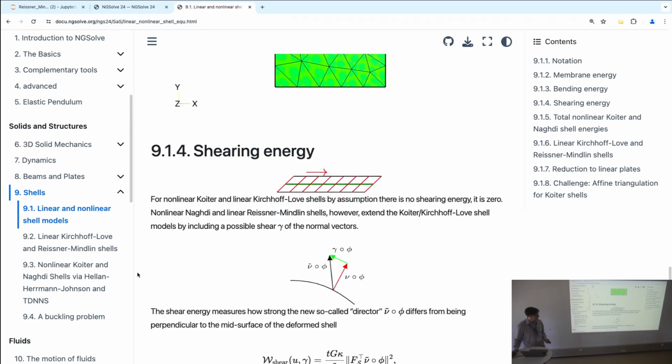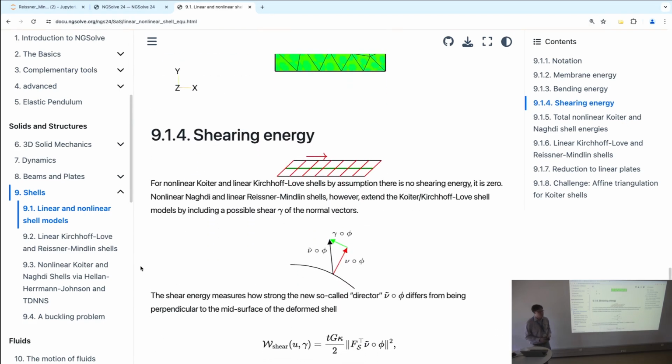And the last energy I mentioned is the shearing energy. So here we look if the normals still are perpendicular to the deformed surface. If not, then this is called shearing. We have some shearing energy. So if this is the exact normal of the deformed configuration, then we have some shearing here, and we get the new director.